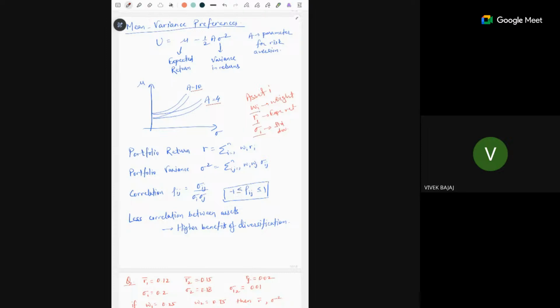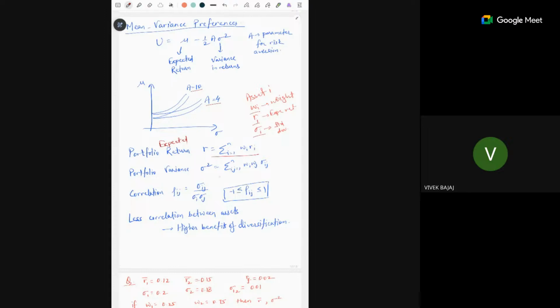So Wi is the weight given to this asset. Then for this overall portfolio of n assets, the portfolio expected return would be equal to this formula, that is the weighted sum of the expected return of each asset.